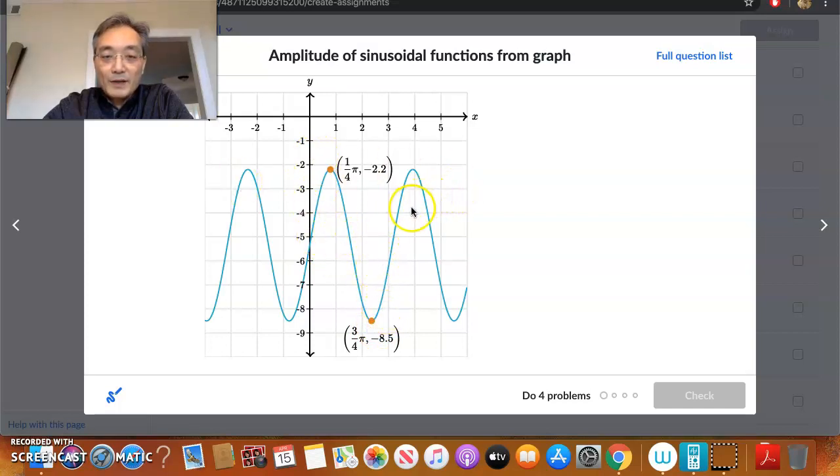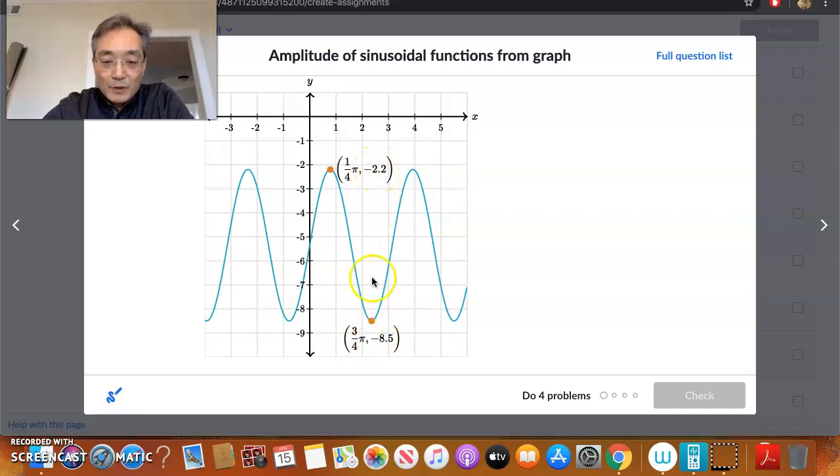Now, how are we going to find this amplitude? Well, we can just find the total distance from the max to the min, and then take half of that.